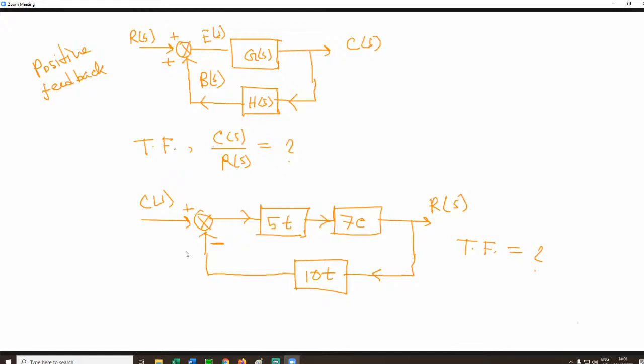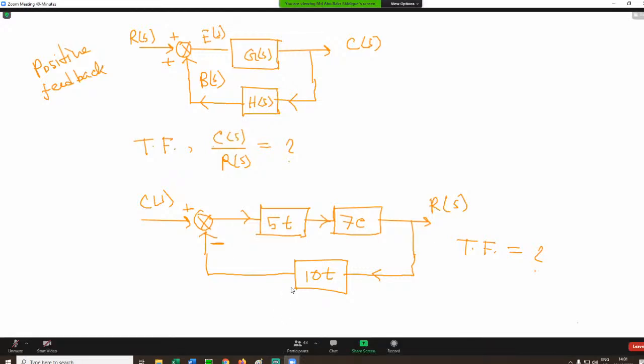Sir, the first one is GS by 1 minus GS by GSHS. Sir, the first one is C by C by C. Yes, tell. Sir, GS by 1 minus GSHS.